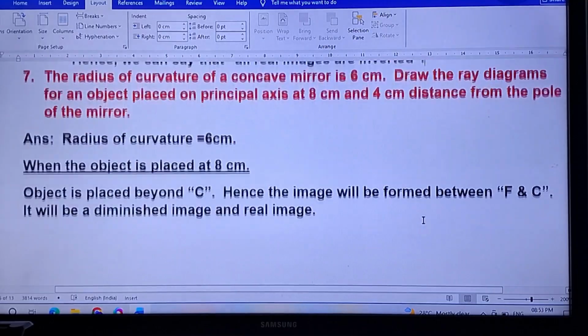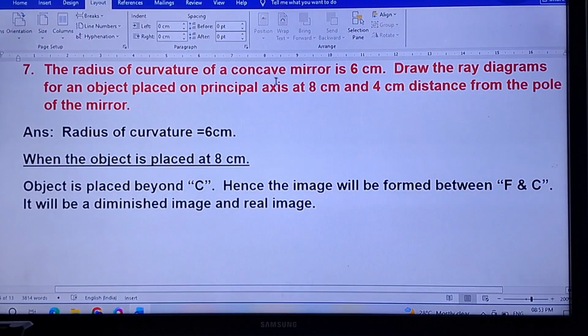And the seventh question: the radius of curvature of a concave mirror is 6 centimeters, that is, the C point is 6 centimeters. Draw ray diagrams for the object placed on the principal axis at 8 centimeters and at 4 centimeters. Two ray diagrams you need to draw. So first, the radius of curvature is 6 centimeters.